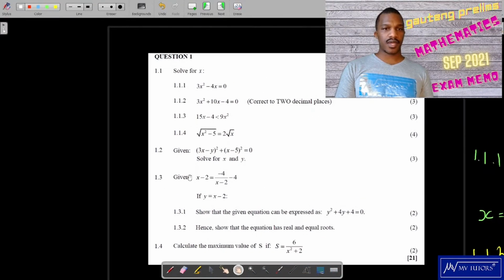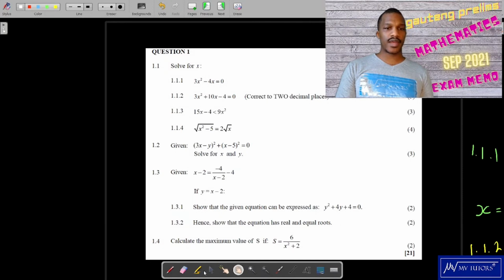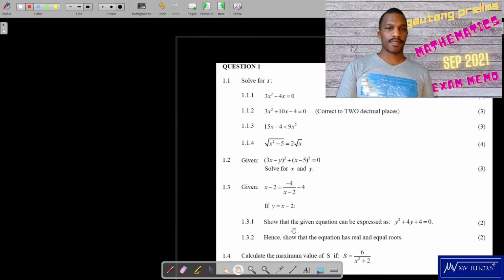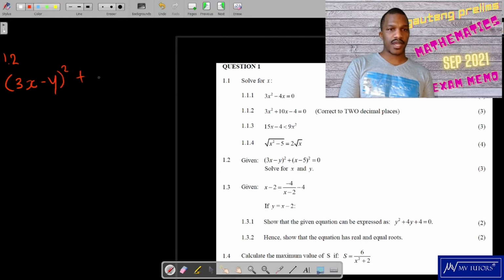Okay, so now we are on question 1.2. Let's just do it there. So for 1.2, we need more space. It says I have (3x minus y) squared plus (x minus 5) squared equals 0.